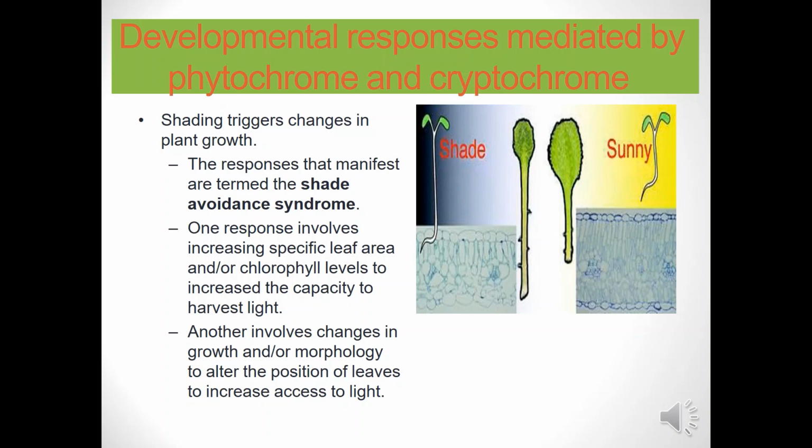So it also increases the capability of the chlorophyll to harvest light. There are also changes in growth and morphology, which alter the position of leaves to increase access to light.